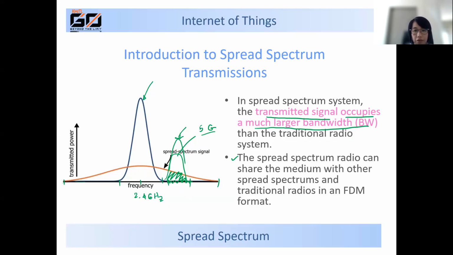In this case, the power of 5G is much larger than the power of the spread spectrum signal. Okay, this is what the second bullet means. So after you do the spreading, of course, the bandwidth is very, very wide, and then it will overlap with other existing systems, but it can work.